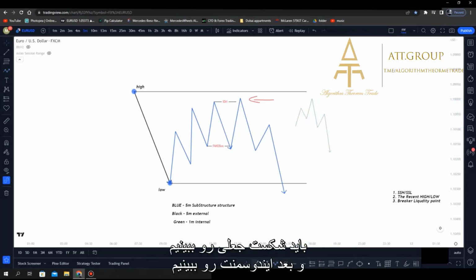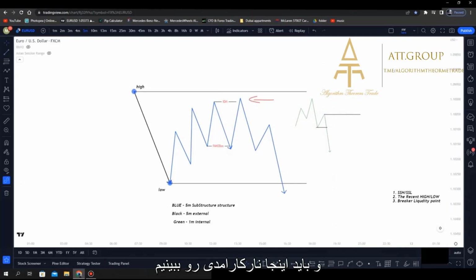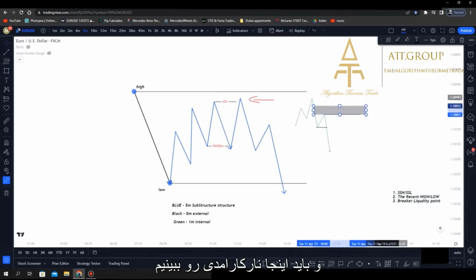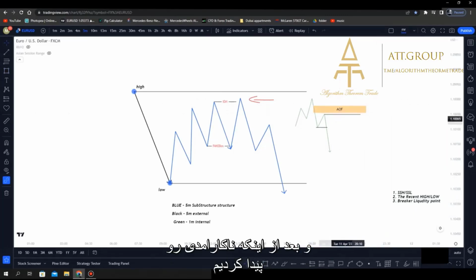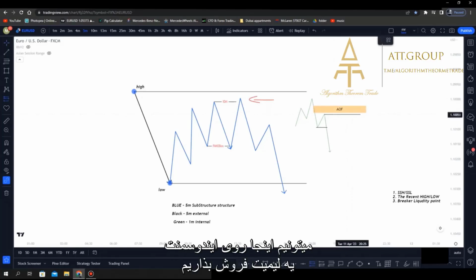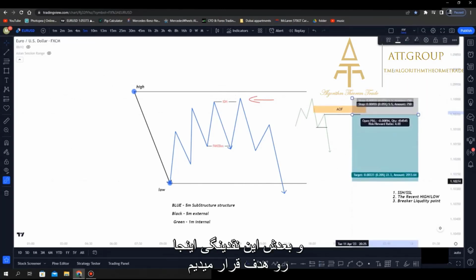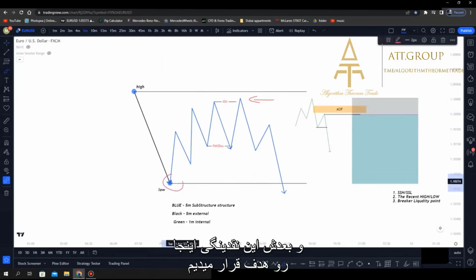We need to see PBOS. We need to see inducement, aka substructural high. We need to see IPA right here. And after fill of the IPA, we'll set limits on the inducement or on the IPA right here, and we would target the liquidity point right over here.